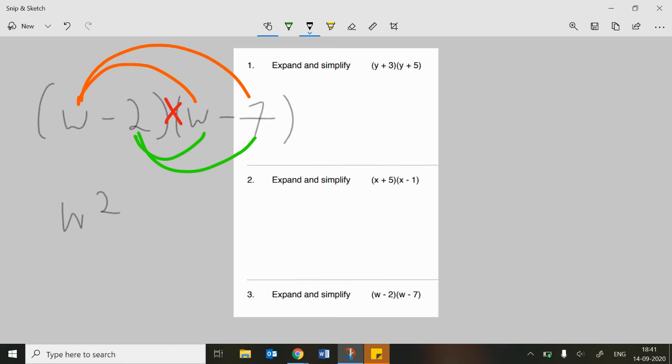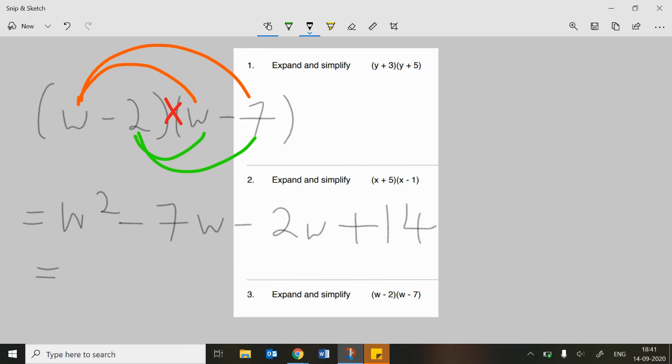Second of the orange ones is w times by minus 7, minus 7w. First of the green ones, minus 2w. And the second of the green ones is minus 2 times minus 7, which brings us back to plus 14.